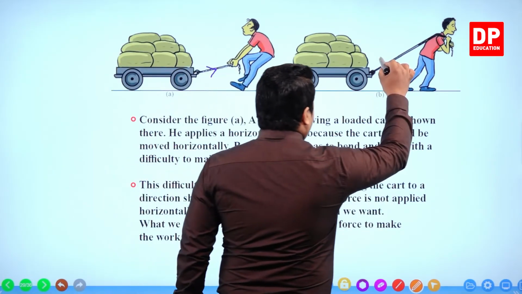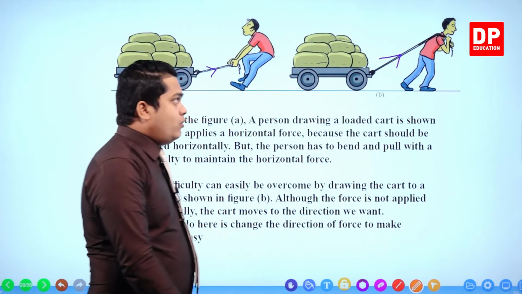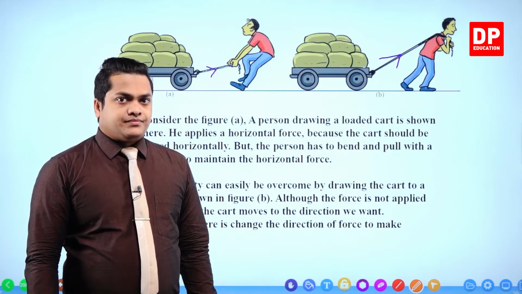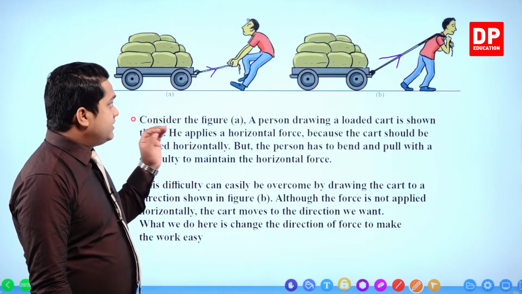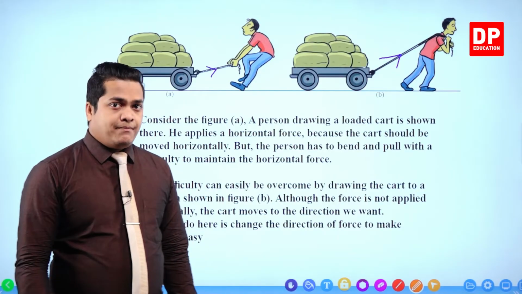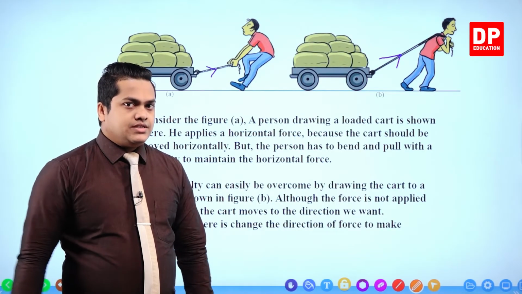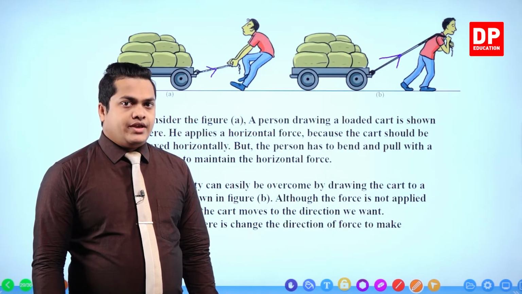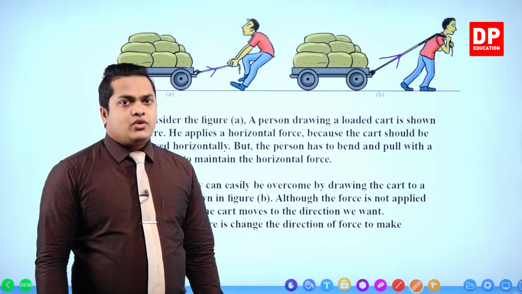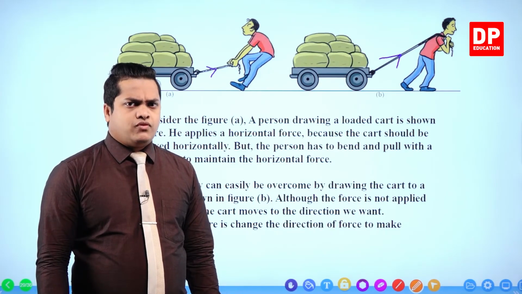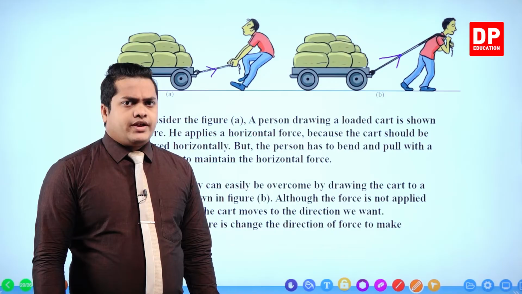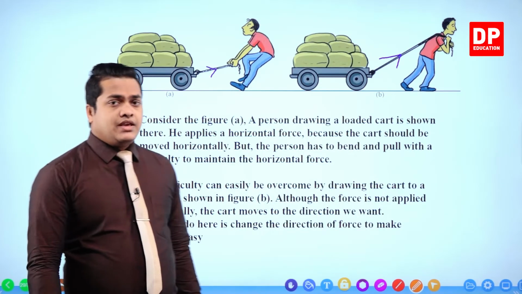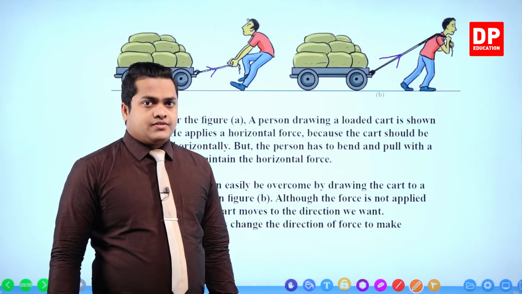In this way around, the angle is somewhat different, but the same work is being conducted. Here we are changing the direction of the force which is getting applied to make our work easy, right? So there are certain cases in our day-to-day activities where we need to change the direction of force, right, to make our work quite easy. This is a simple example for that case.